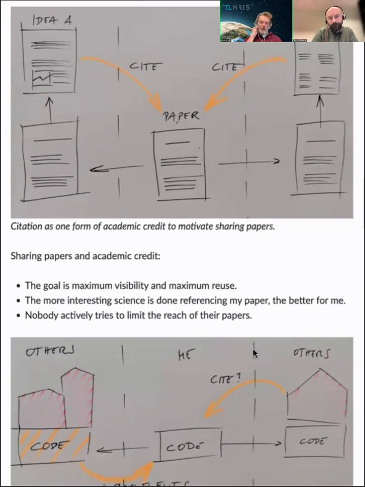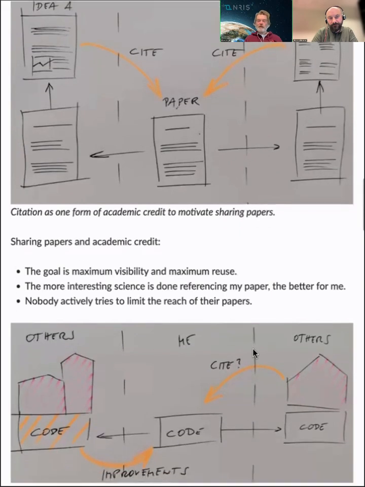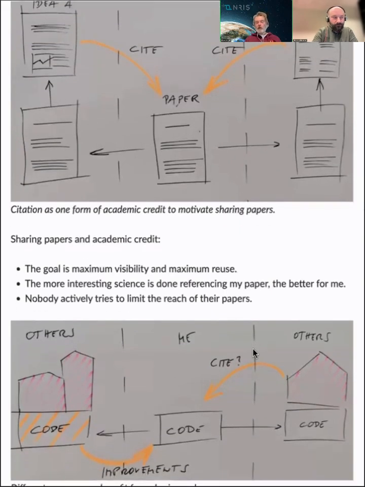Doing the same thing with software is, well, we should probably cite software, but then either your code is part of what others do, or you have to relate to others that send you improvements of your code, and others that also want to cite your code.